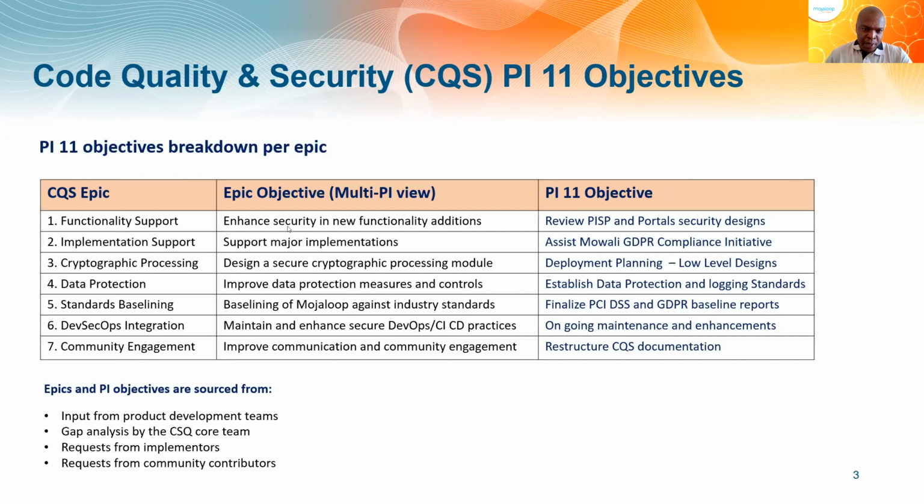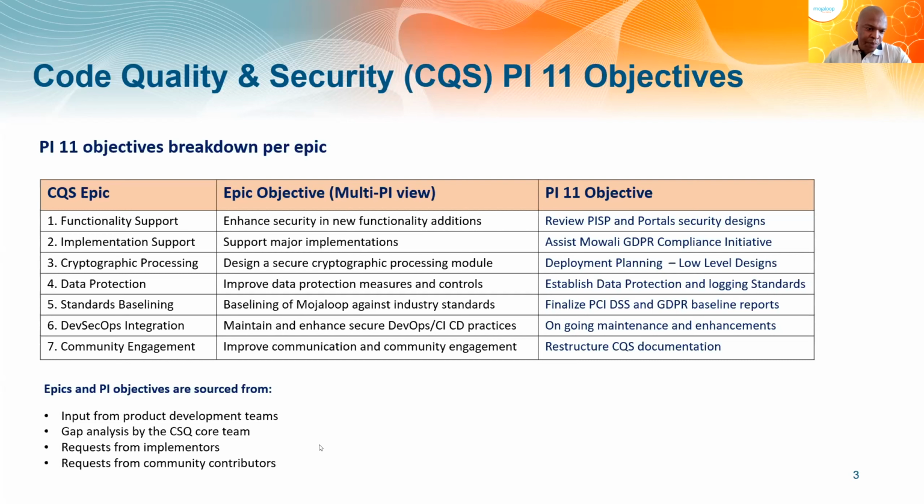We have PI epic objectives, which span multiple PIs on an initiative basis, and the PI objectives specific to PI 11 are the targets we've put ourselves against all the different epics. One might ask what the source of our PI objectives as well as the epics is.